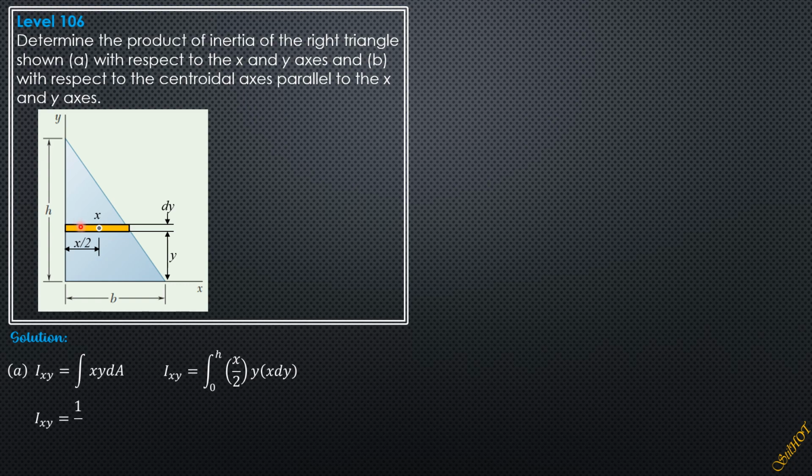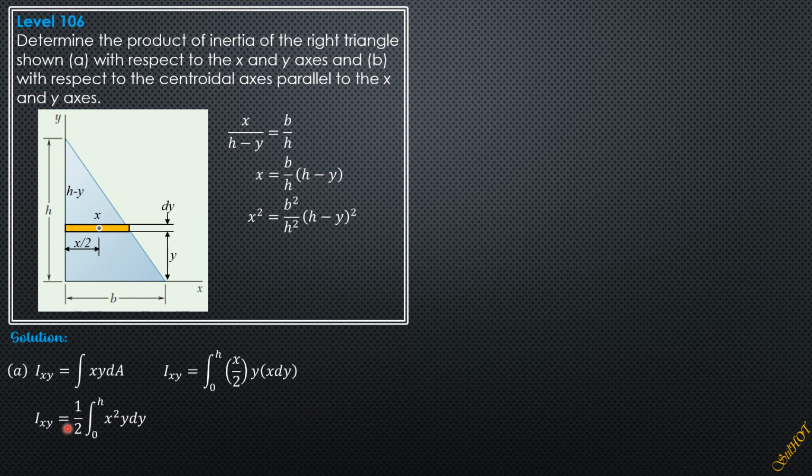So Ixy equals 1/2 integral of x squared y dy. By similar triangles, x is to h minus y as b is to h. So that means x is b over h times quantity h minus y. Substitute here. So x squared equals b squared over h squared, quantity h minus y squared.